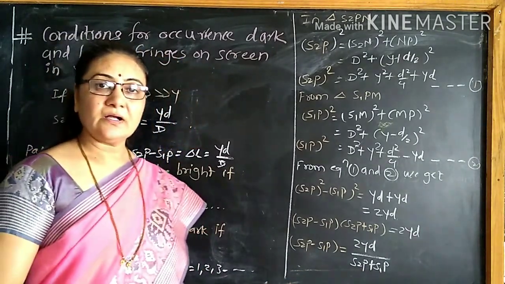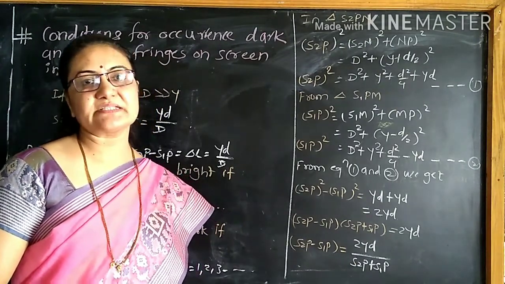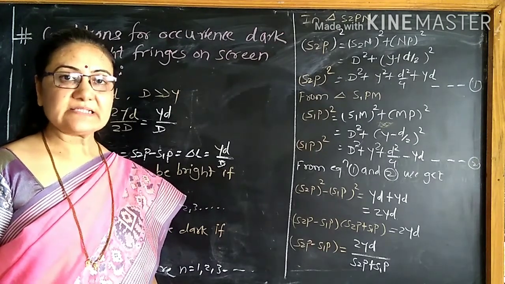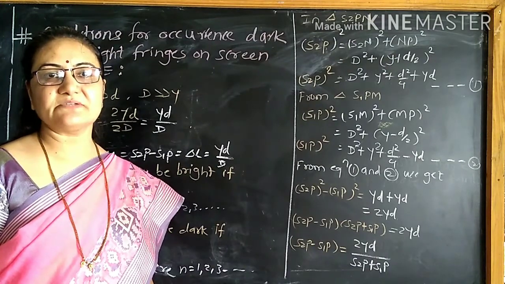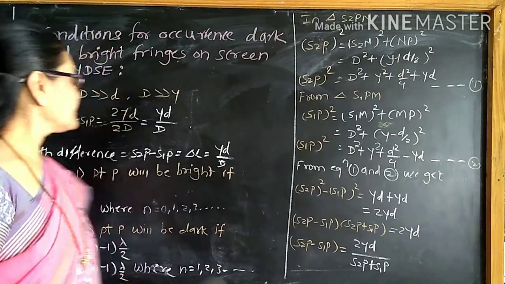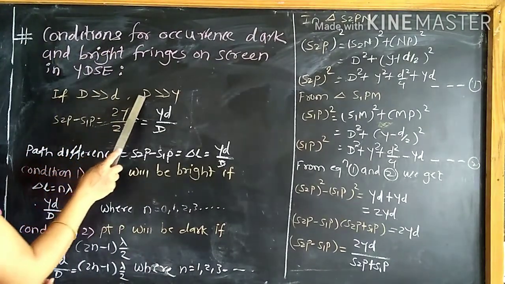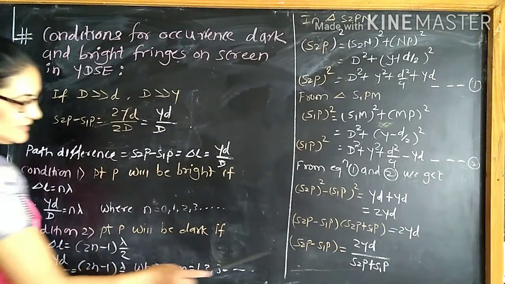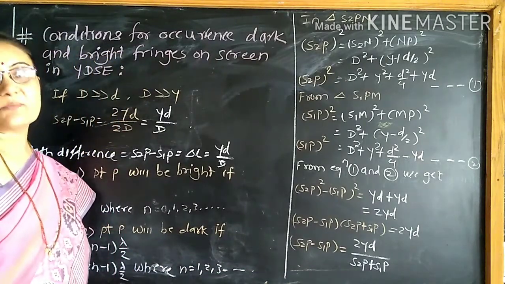If the distance between the slit and the screen is very large as compared to the distance between two sources, and also this capital D is very large as compared to the distance of point P from the center, that means if D is very large as compared to small d, and D is very large as compared to y, then it is observed that S2P and S1P are nearly the same.